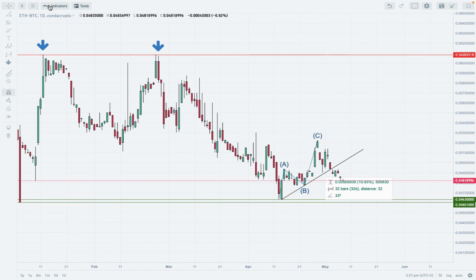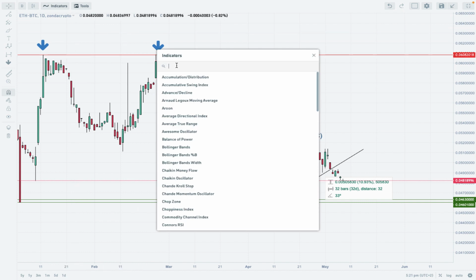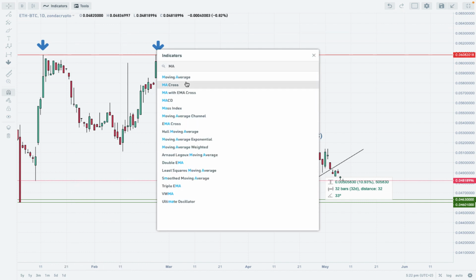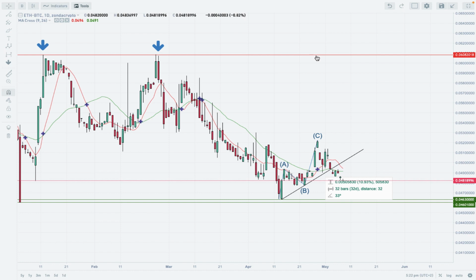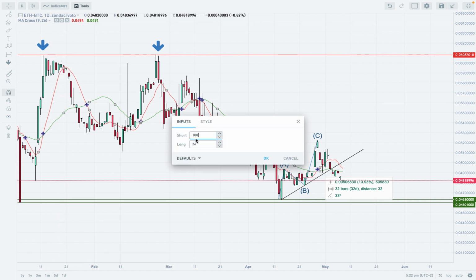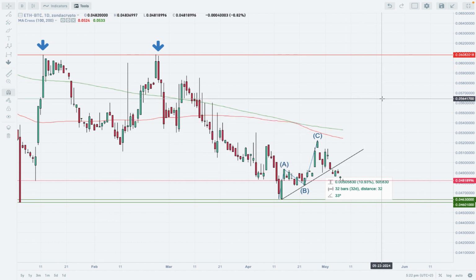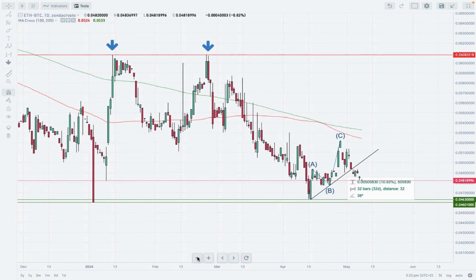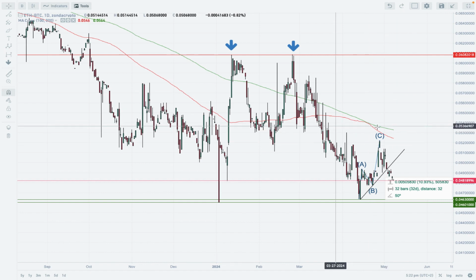Now let's just find out where are the moving averages. Okay, so let me just apply the moving average cross, and you can see that the 9 and 26 periods moving average are above the price. And if we decide to change the periods to 100 and 200 periods, there you go, we are still trading below both of these moving averages.